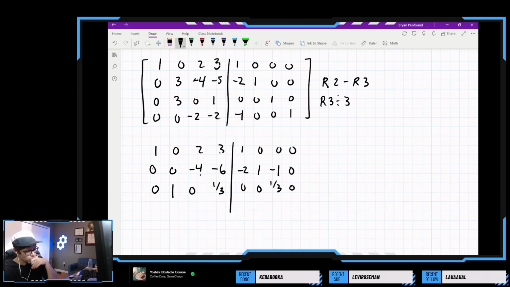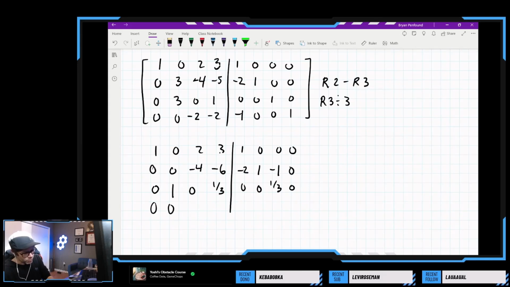Now, can we realistically look ahead? If I need to get another leading one in column 3, I have kind of 2 candidates for that. I have either this negative 4 or this negative 2. What I probably want to do is, again, cause the fewest number of fractions.